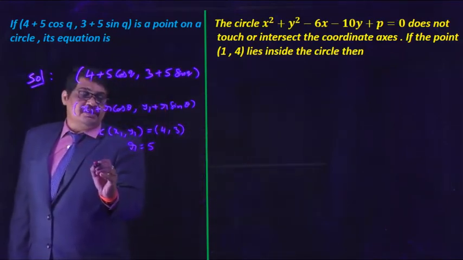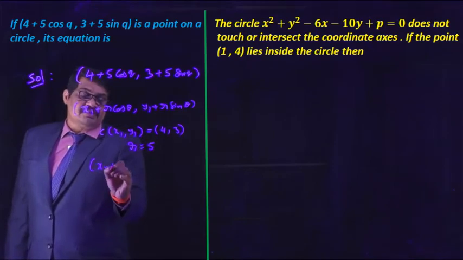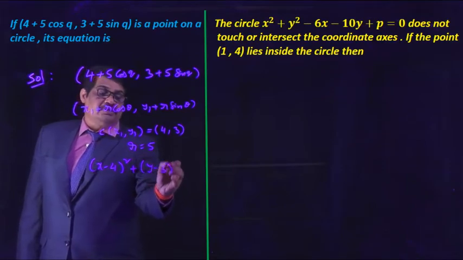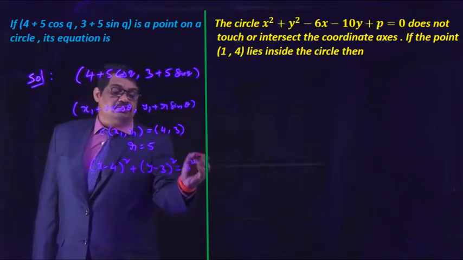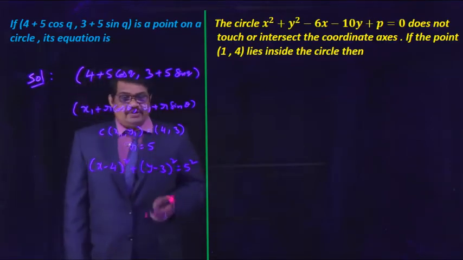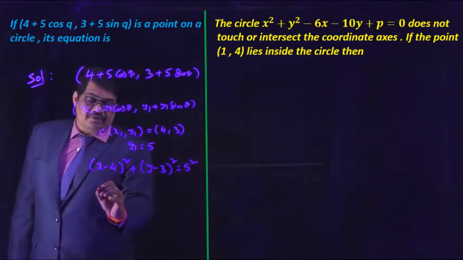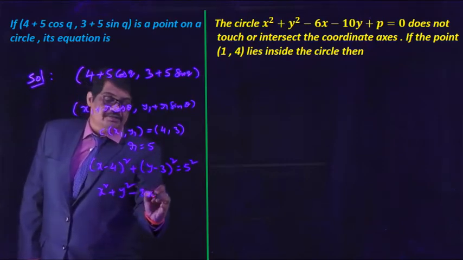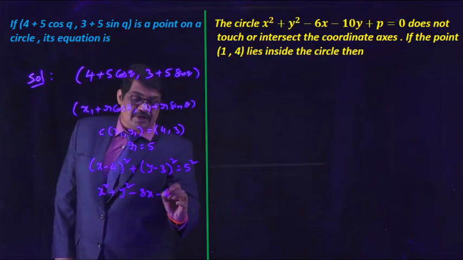The circle equation is x minus 4 whole square plus y minus 3 whole square is equal to r square, that is 5 square. Now we are expanding this. We get x square plus y square minus 2 into 4, 8x, and minus 2 into 3, 6y.